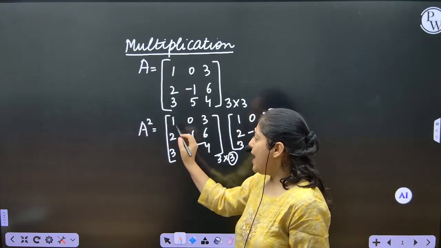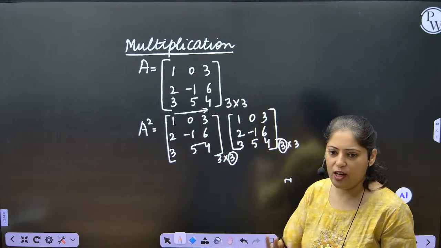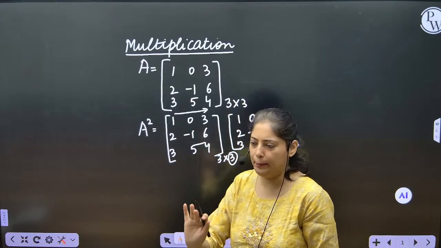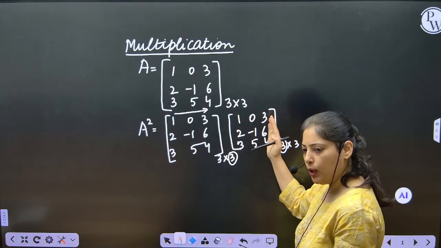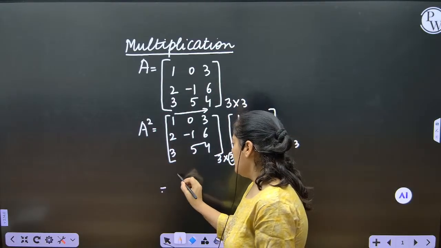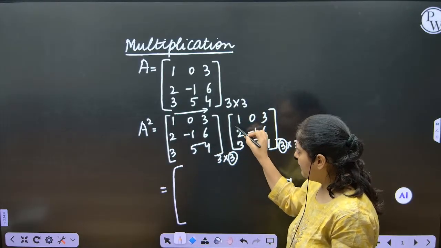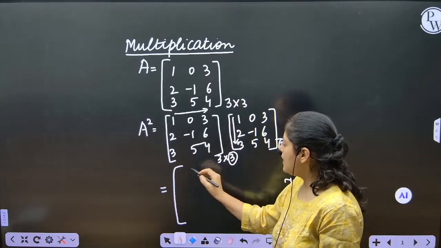Alright. As I told you, we will always start with the first row of the first matrix. We have to start with the first row only every time. Then we'll multiply first column, then second column, then third column. So the first row is getting multiplied with the first column first. 1 ones are 1.